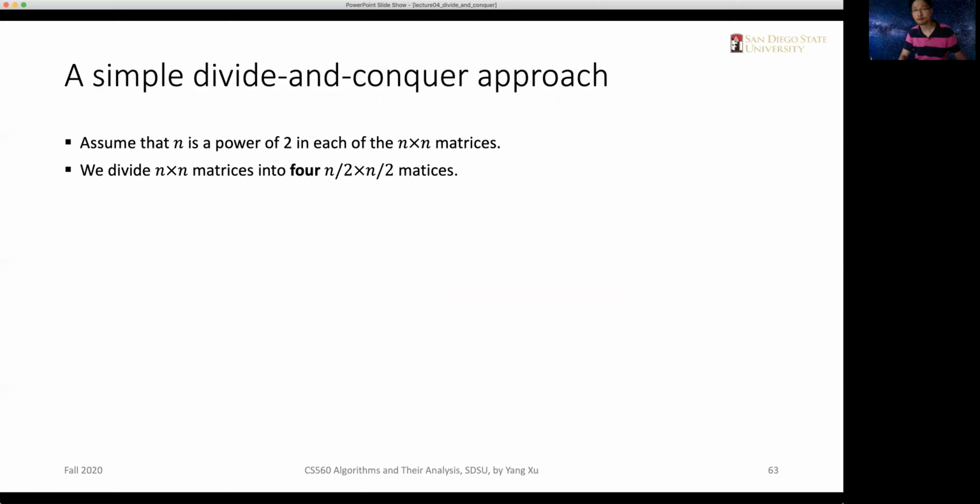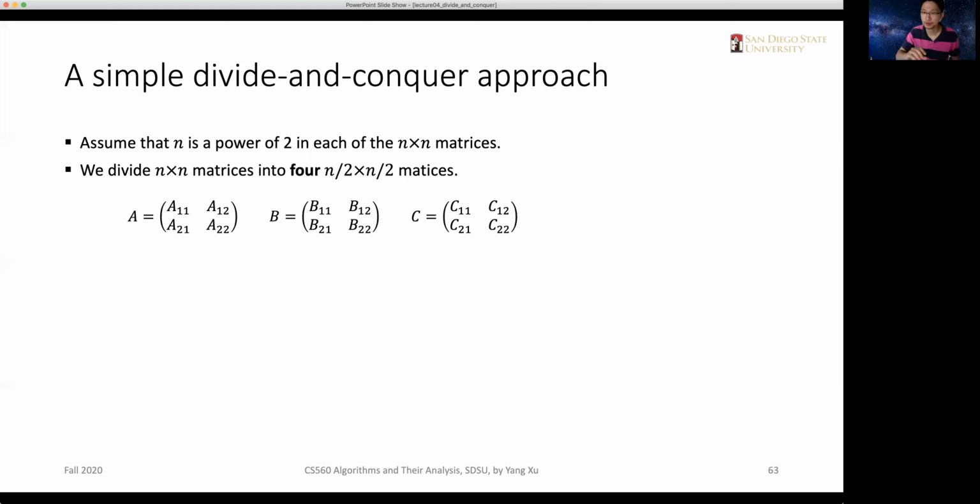So we start with some simple thoughts: if the dimensions of the matrices can be divided by 2, then we can divide the n by n matrix into 4 sub-matrices, right? Each small sub-matrix is n over 2 by n over 2, in this form, and we give these sub-matrices some subscripts. We call the upper left corner A11, the upper right A12, right?